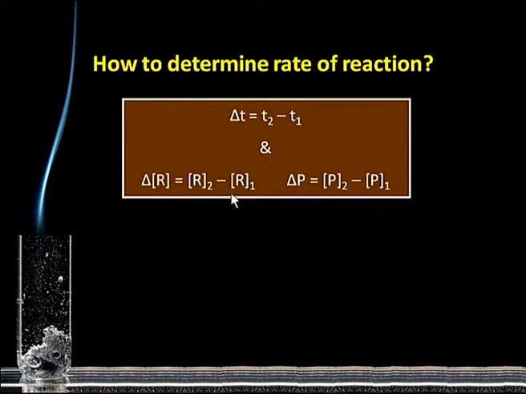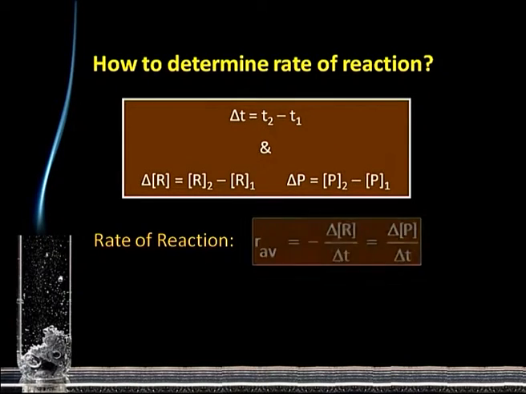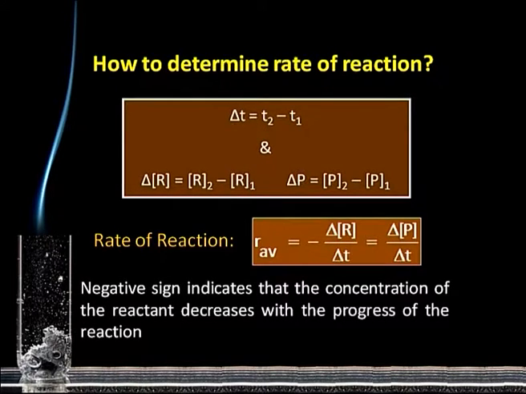We get R2 minus R1 if we choose the reactant to monitor the progress of the reaction, or if we look at the product concentration, it becomes P2 minus P1, and the rate of reaction can be written as rate = minus delta R by delta t = delta P by delta t. Delta stands for the difference in concentration, and here delta t stands for the difference in time.